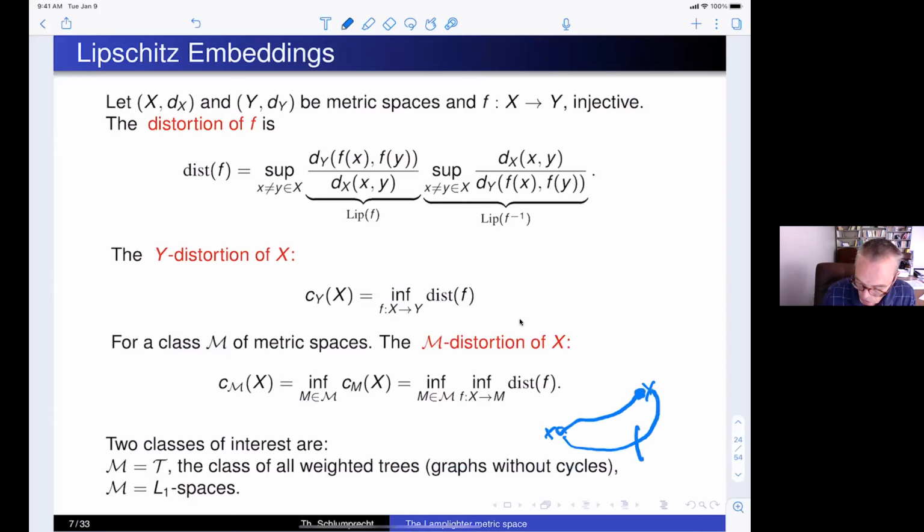There's no other shortcut; you have a unique path between two elements of your tree. And the other class, because we want to embed graphs, is the L1 spaces. Almost all our graphs will be finite, so you can as well say, all the L1^n, as a class.